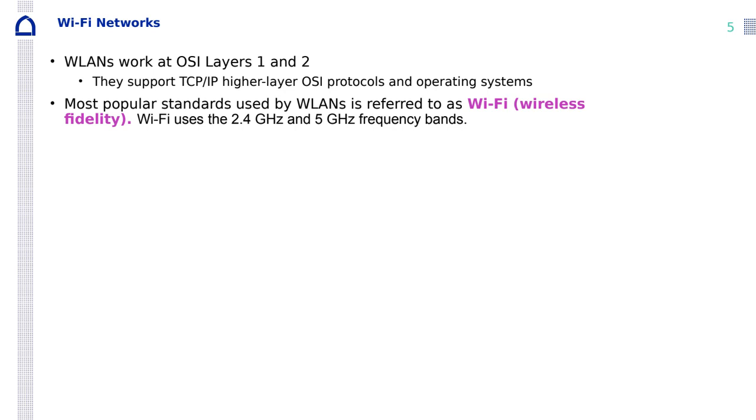Wi-Fi, by the way, is an abbreviation of what? Wi-Fi is an abbreviation of which word? Do you know? It's mentioned here, so that we don't forget. Yeah, the fidelity. Have you ever asked yourself why did you call it Wi-Fi? It's just an abbreviation for wireless fidelity.